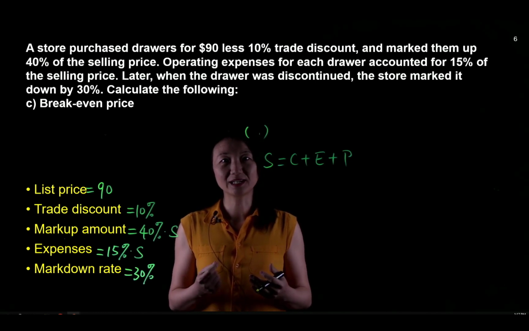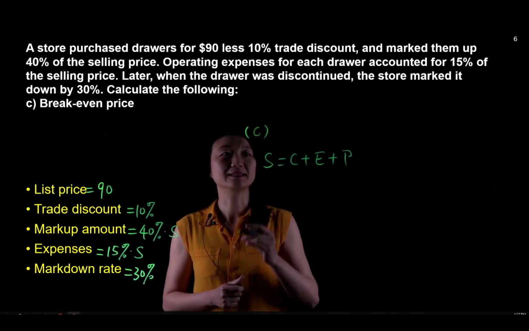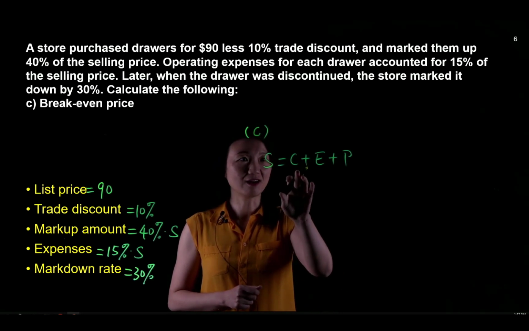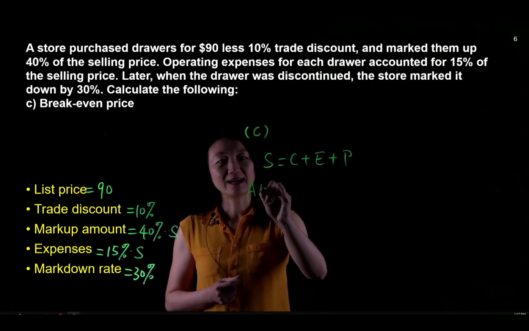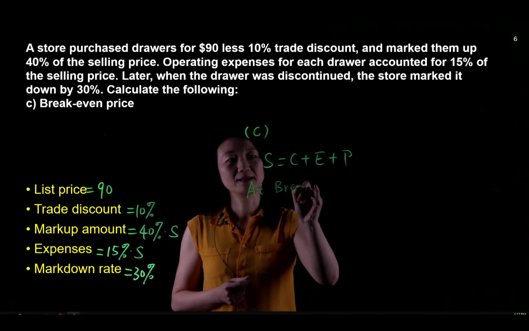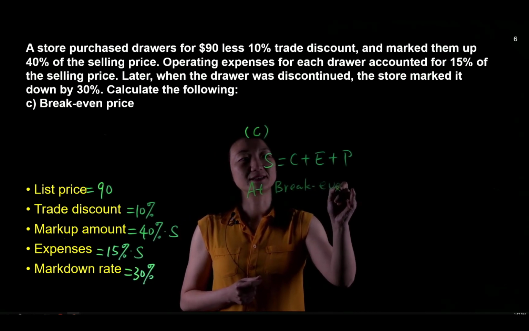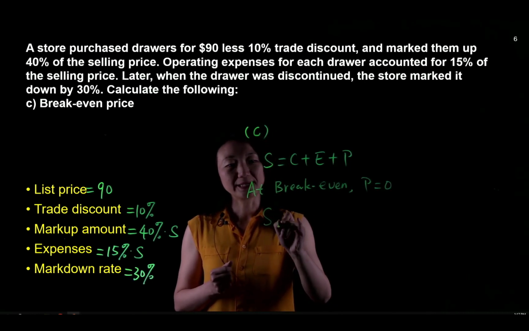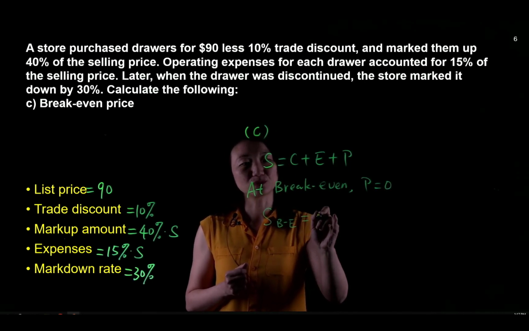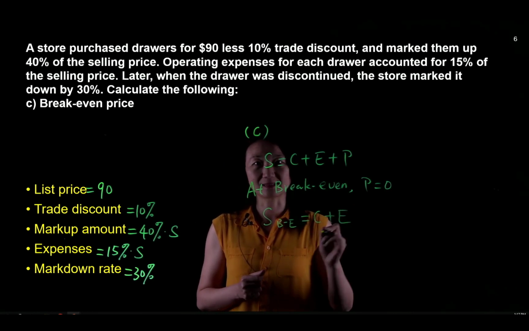Now we're ready to look at the break-even price. Selling price is cost plus expenses plus profit. At the break-even, profit equals 0. Therefore, the break-even selling price equals cost plus expenses.